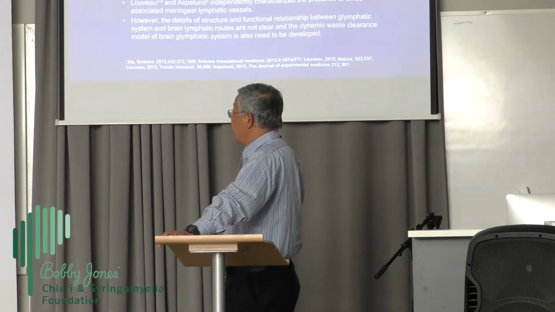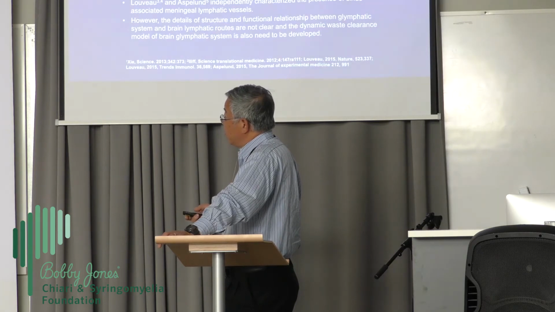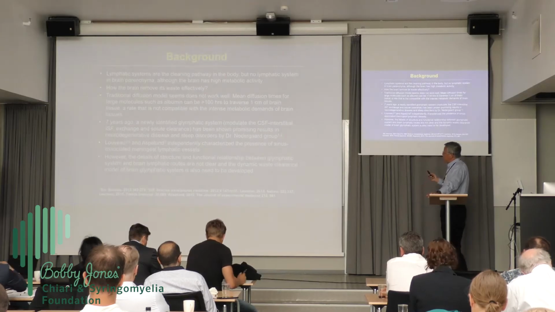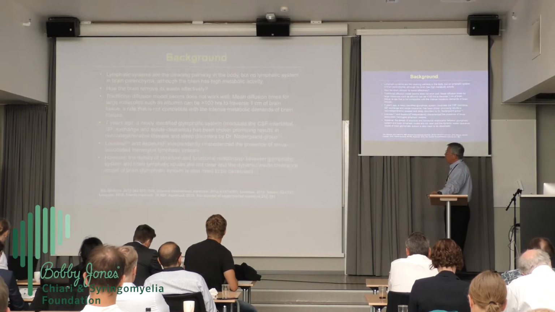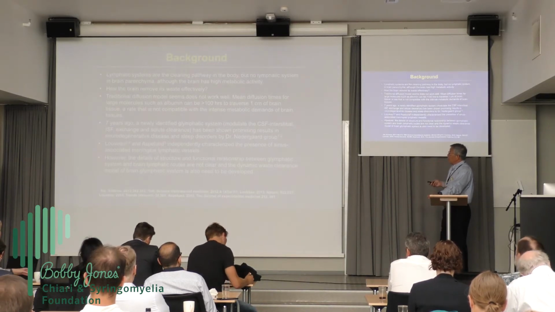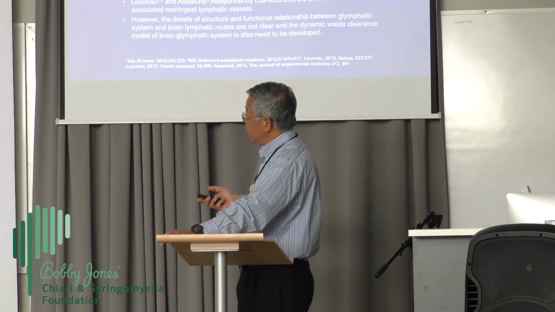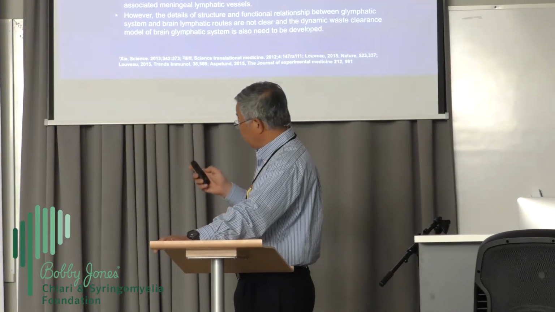Also, a dynamic waste clearance model for the glymphatic system still needs to be developed. So my talk is more focused on the second part: glymphatic clearance analysis and modeling.